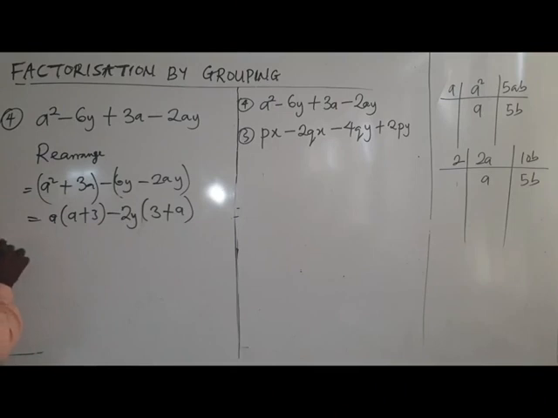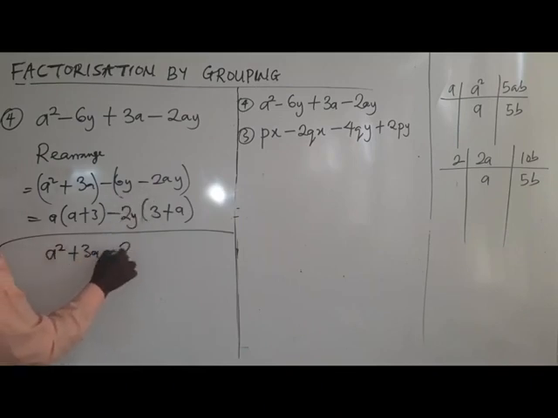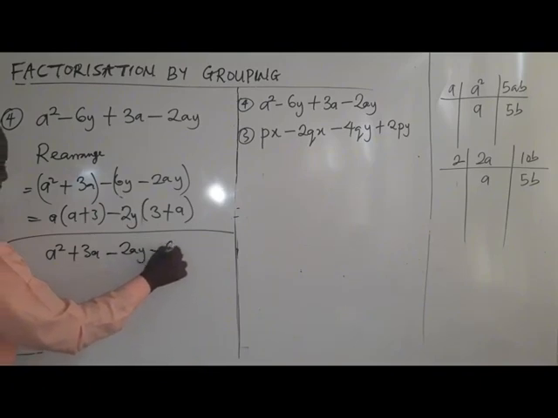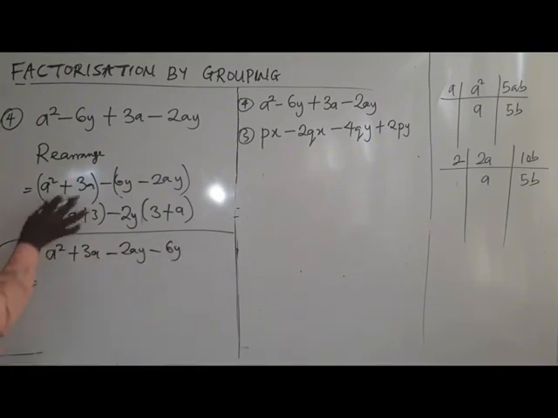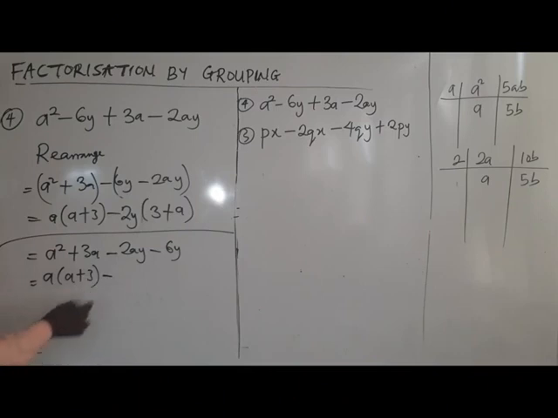Let's now rearrange it properly. So I'm going to have another rearrangement, which is going to be a squared plus 3a minus 2ay minus 6y. Let's see what we're going to have. What is common? This one is still the same thing. It's going to give us a into a plus 3. This is minus, so I'm grouping this.